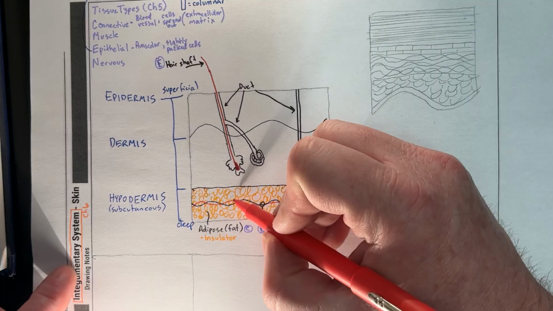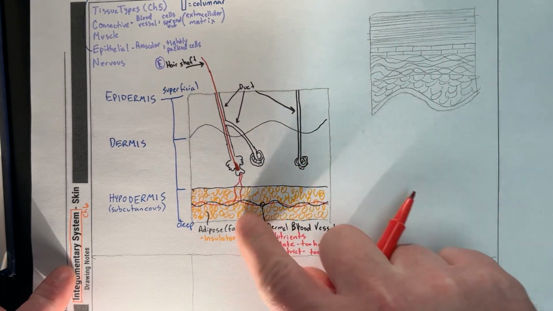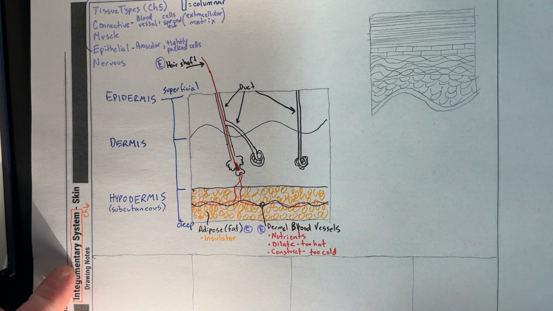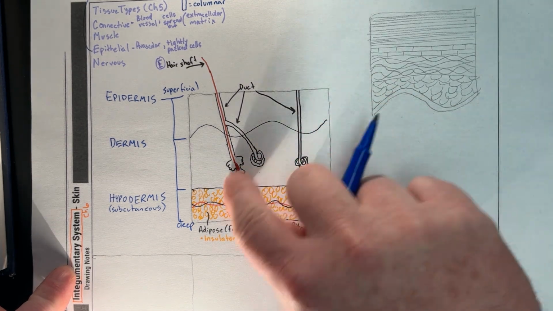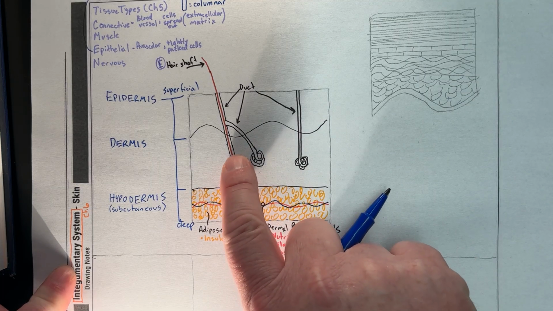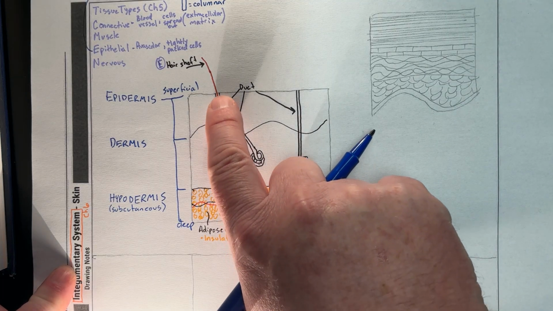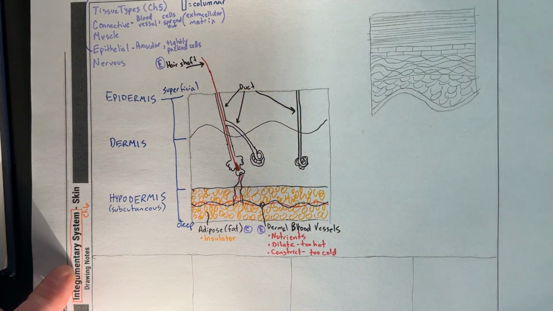So we're going to branch up our dermal blood vessel to send some nutrients up to the base of that hair, so that the hair cells can receive nutrients to divide and grow. And that pushes the hair shaft up and out. So the cells at the tip of your hairs are the oldest cells, and these are the youngest cells of the bunch.